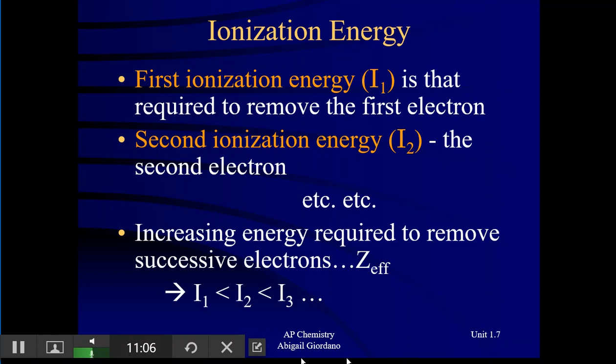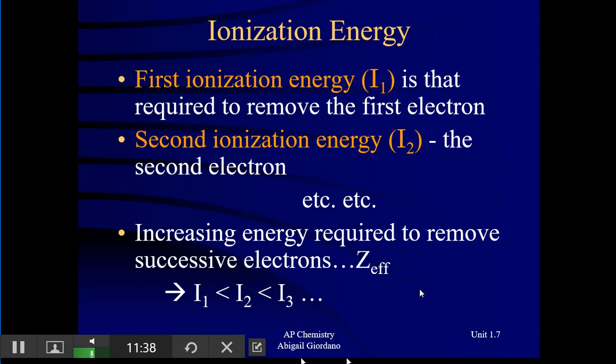I don't get to say this very often in AP Chem, but this is true no matter what, no exceptions. No matter what element we're talking about, whatever an element's first ionization energy is, the energy to take another electron away is always going to be greater. And if I wanted to take a third electron away, that's going to require even more.